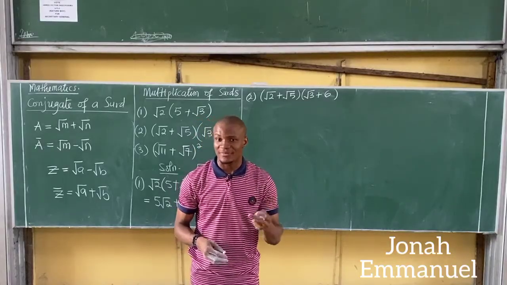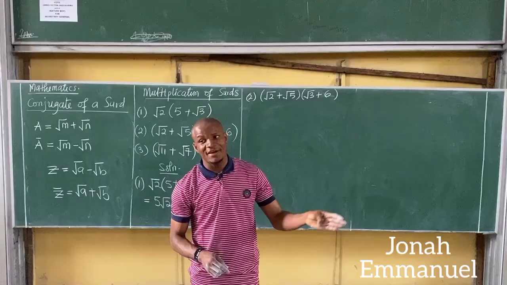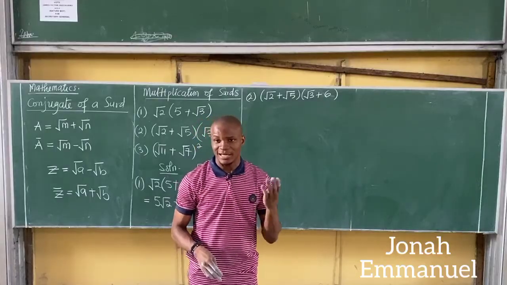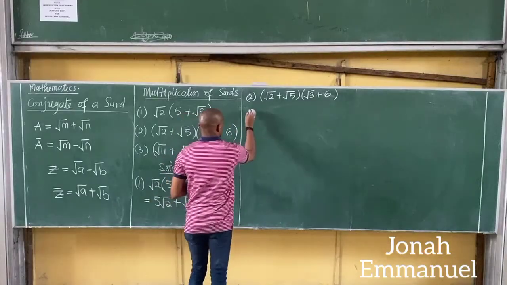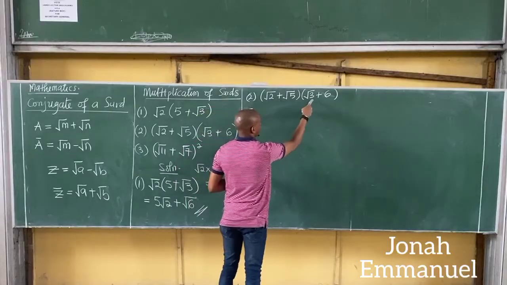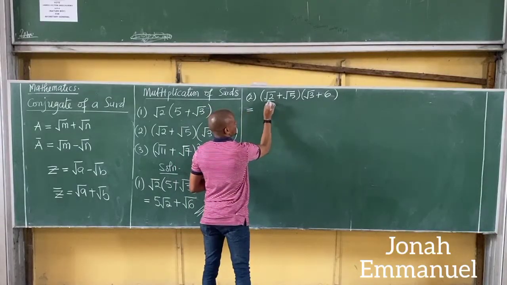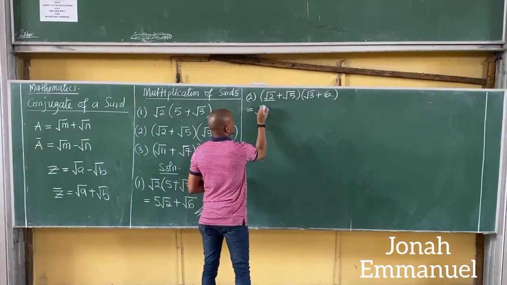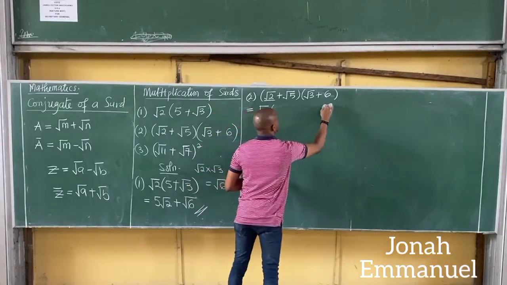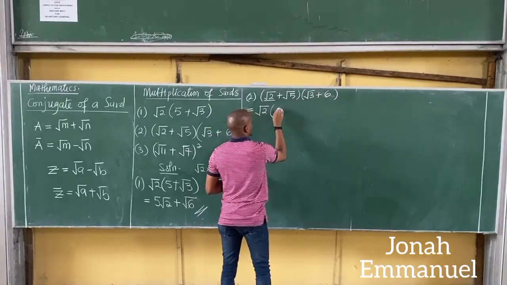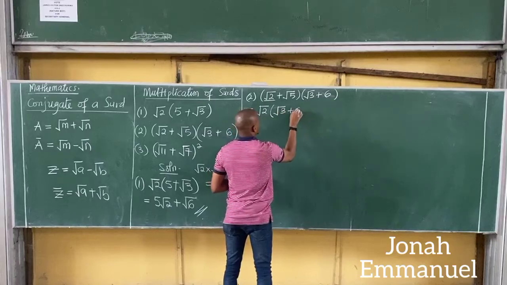Use the second term in the first bracket, multiply everything in the second bracket. That's the rule. So it becomes first bracket, second bracket. Use the first term in the first bracket, that's root 2. Multiply everything in the second bracket. That gives you root 3 plus 6.